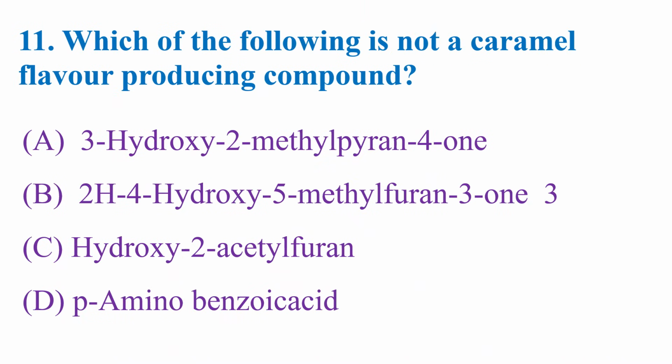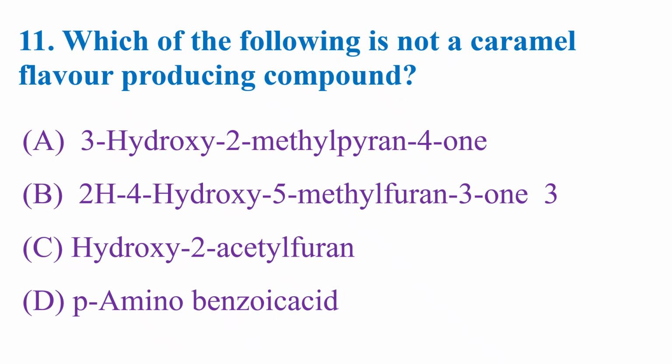So question number 11, which of the following is not a caramel flavor producing compound? So first we need to know what are caramel flavor compounds. So caramel flavor compounds, they are basically formed during the caramelization of the sugars, and it mainly produces the furan and the pyran derivatives.